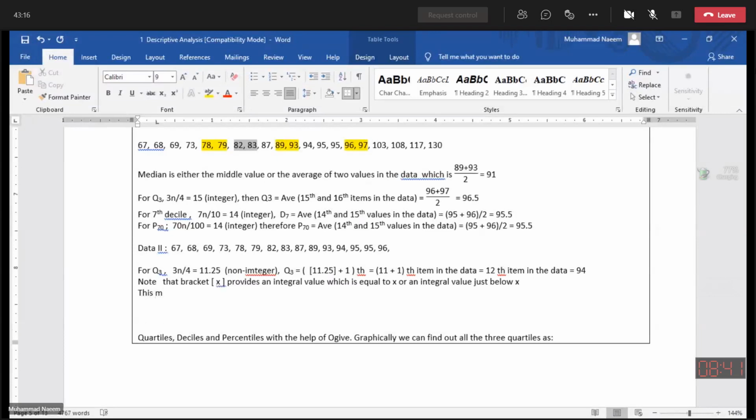Means the bracket function of 3 is 3, of 7 is 7, of 37 is 37.